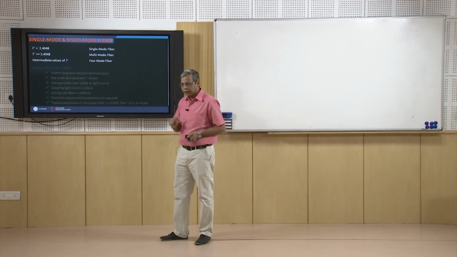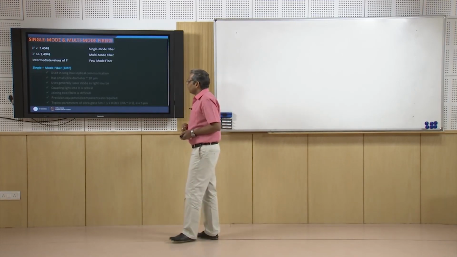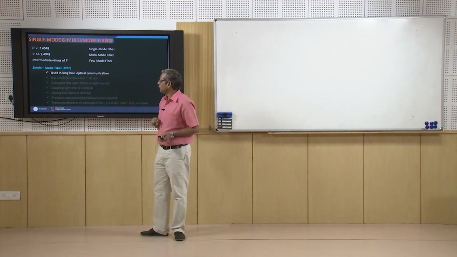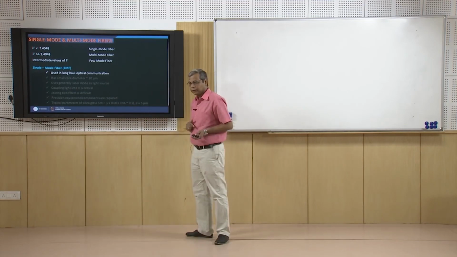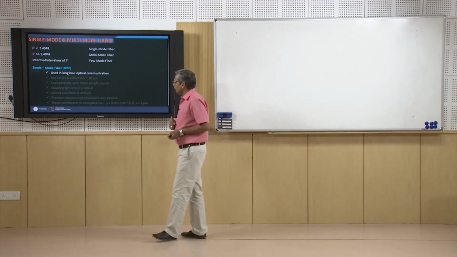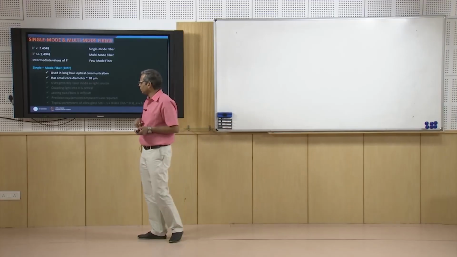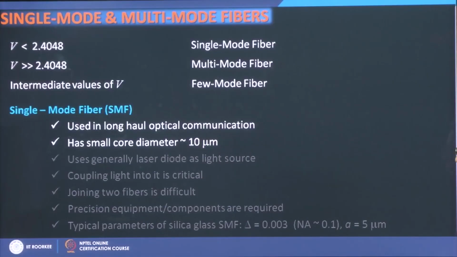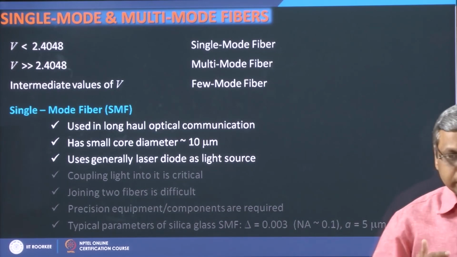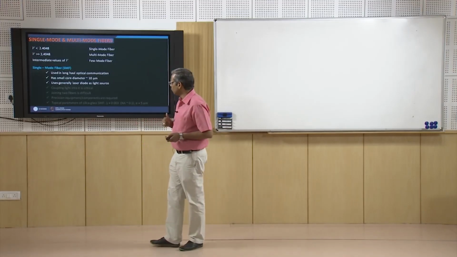Okay. Let us look at a typical single mode fiber. It is used in long haul optical telecommunication. The fiber which is laid on the seabed is single mode fiber. It has a small core diameter, typically 10 micrometer, and the light source which you use with this fiber is usually a laser diode.